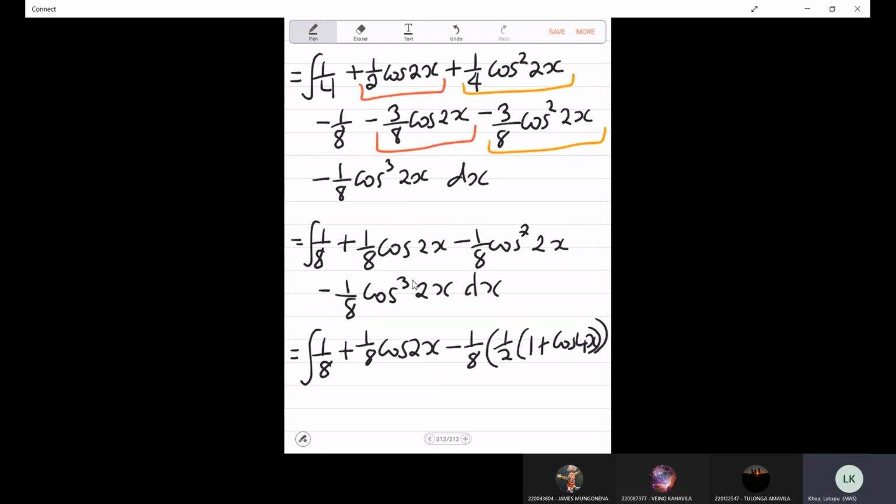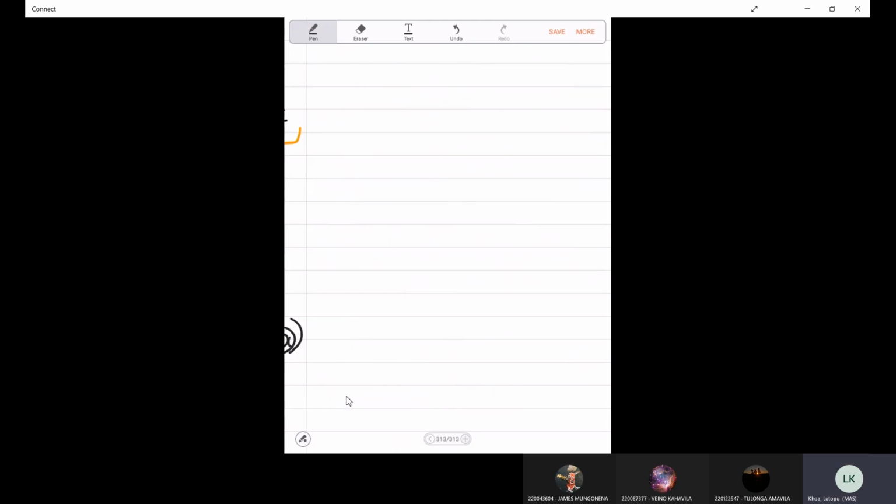And then minus 1/8 cos to the power of 3. We say this is cos squared 2x times cos 2x dx. So here we just have to multiply out the brackets, and there won't be any like terms. It's very easy to integrate. This one, we must rewrite it in terms of sine squared.